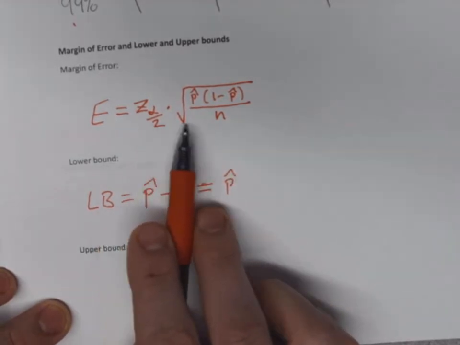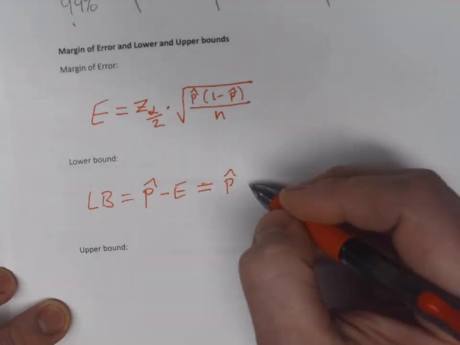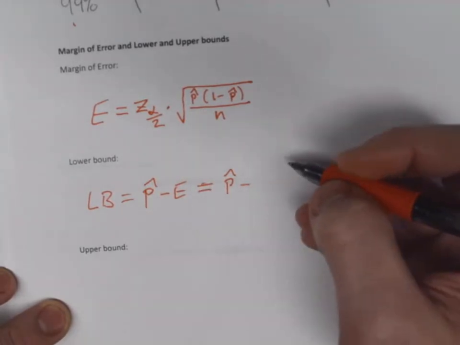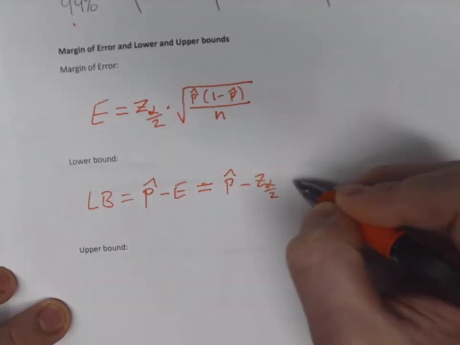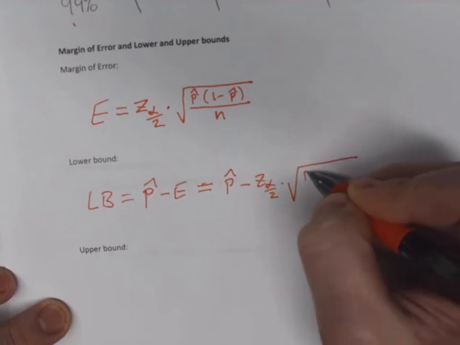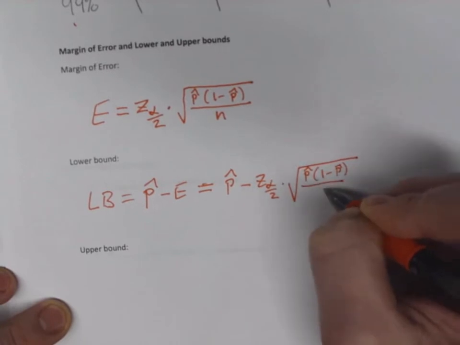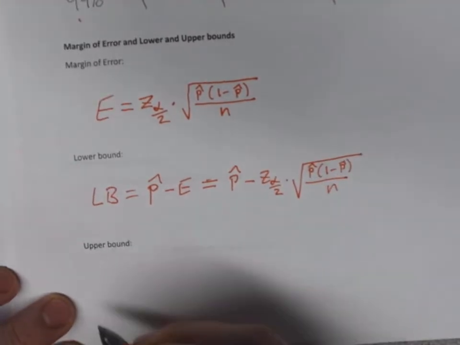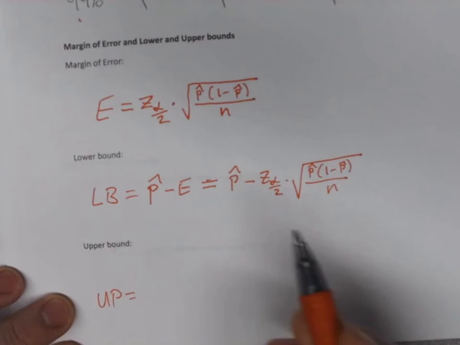It's Z alpha over 2 times the standard deviation of p hat. So p hat minus Z alpha over 2 times the square root of p hat times 1 minus p hat all over n. All right, and the upper bound is the same thing, except instead of a minus, it's a plus.